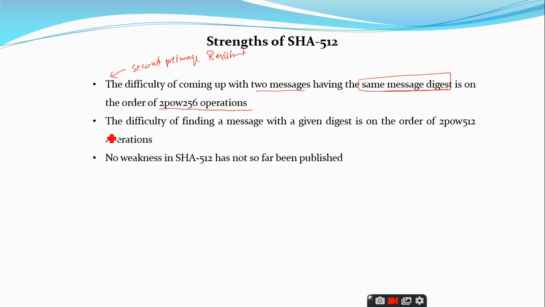Similarly, the second strength: the difficulty of finding a message with the given digest is on the order of 2 power 512 operations. See here, it is doubled. Right. So the difficulty of finding a message from the digest describes the pre-image resistant property.